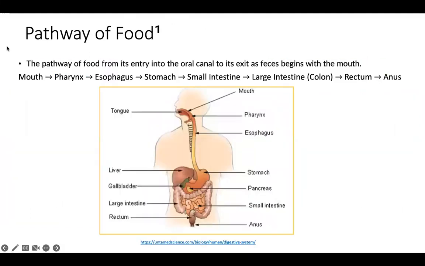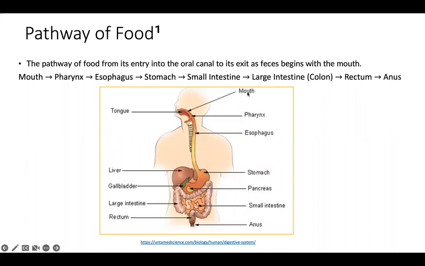Now, lastly, the pathway of food. So the pathway of food is an entry into the oral cavity and exits as feces. So this whole process begins with the mouth as you chew and ingest and break down food through mechanical digestion within the mouth. The tongue and the soft palate then push the food down into the pharynx.